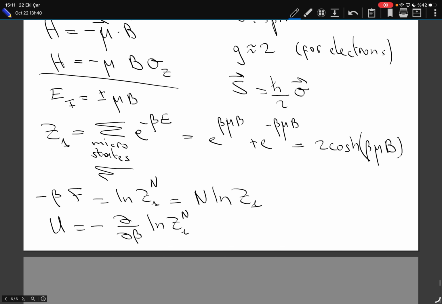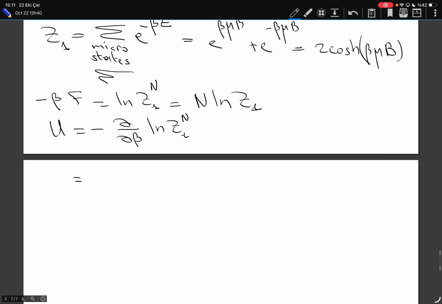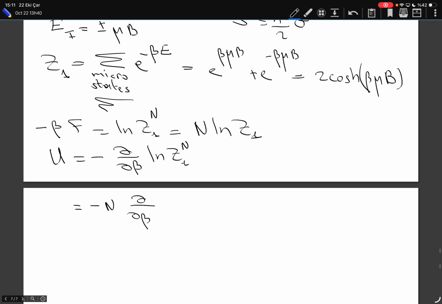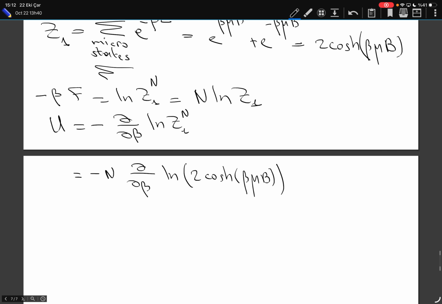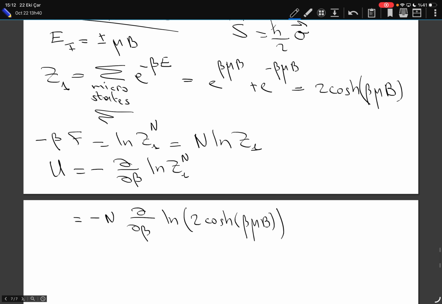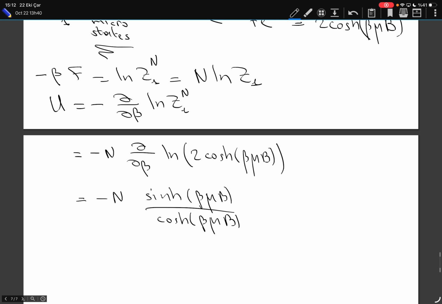The energy is given by just taking the logarithm of Z1 to the n and derivative with respect to beta, which will be minus n derivative with respect to beta of logarithm of twice cosine hyperbolic beta mu B. That derivative will give me sine hyperbolic beta mu B divided by cosine hyperbolic beta mu B times mu times beta. This is U.